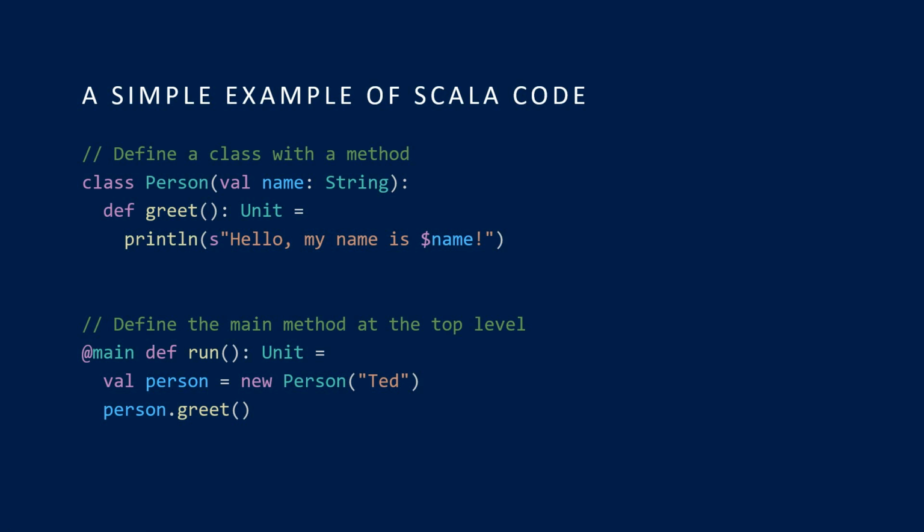So yeah, I originally had another slide here which had 3 other examples of the main method in it, and I decided to take them out for clarity because it was confusing me. So this is the Scala 3 version.